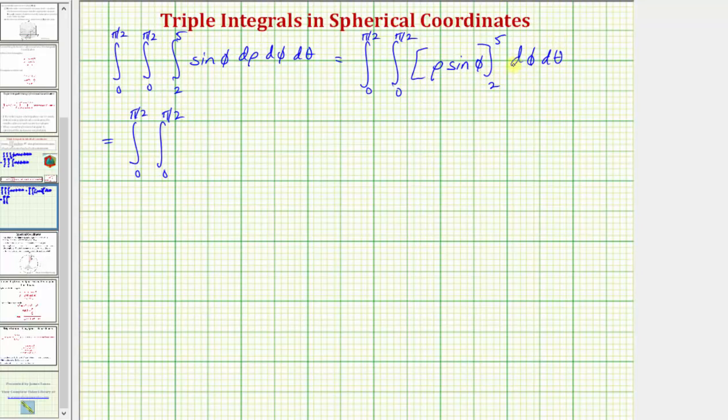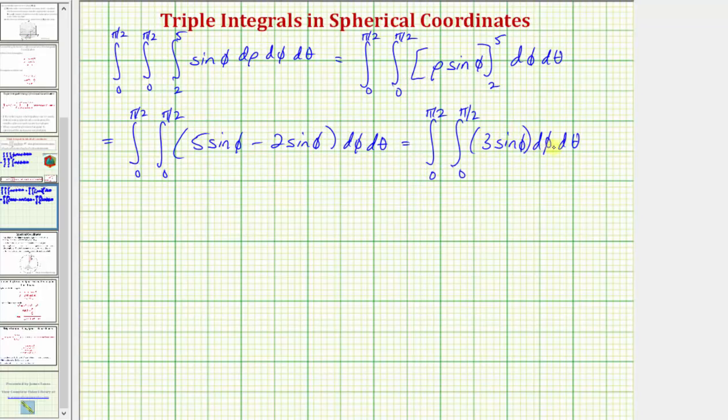So big F of B minus big F of A is just going to be 5 sine phi minus 2 sine phi, which of course simplifies to 3 sine phi. And now we integrate with respect to phi. The antiderivative of sine phi with respect to phi is going to be 3 times negative cosine phi, or negative 3 cosine phi.